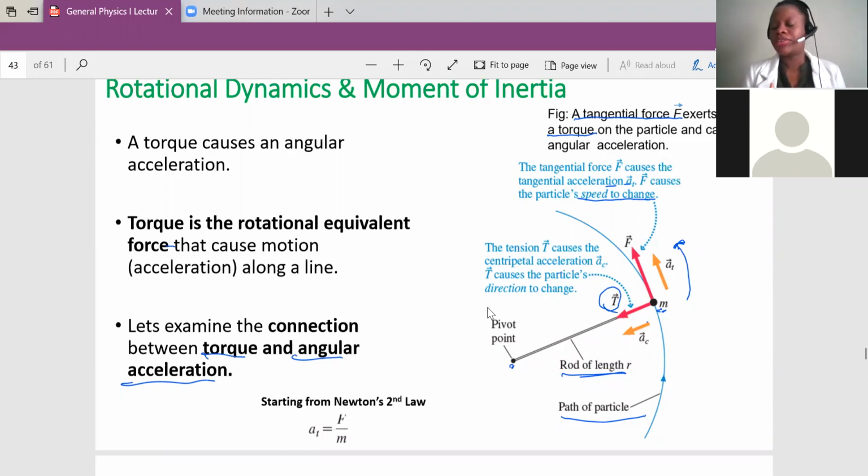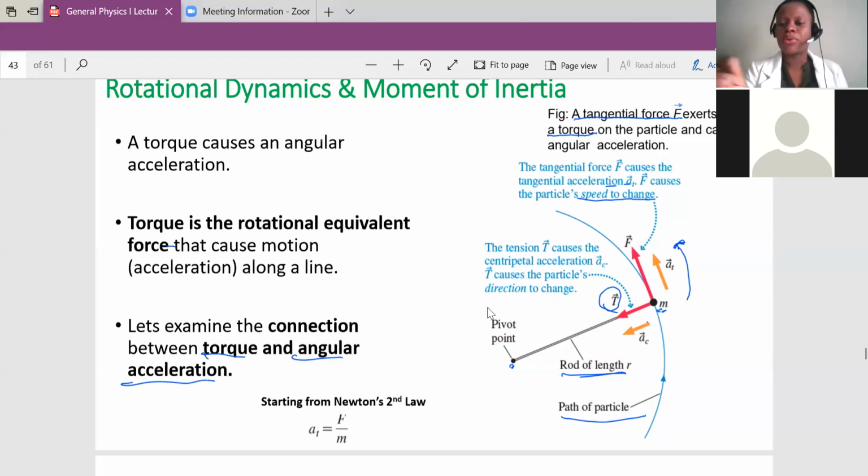How is centripetal acceleration different from tangential acceleration? Centripetal acceleration is directed towards the center of the circle, while tangential acceleration is the measure of the change of speed of the particle on the rotational axis, which is the tangential part of that axis.